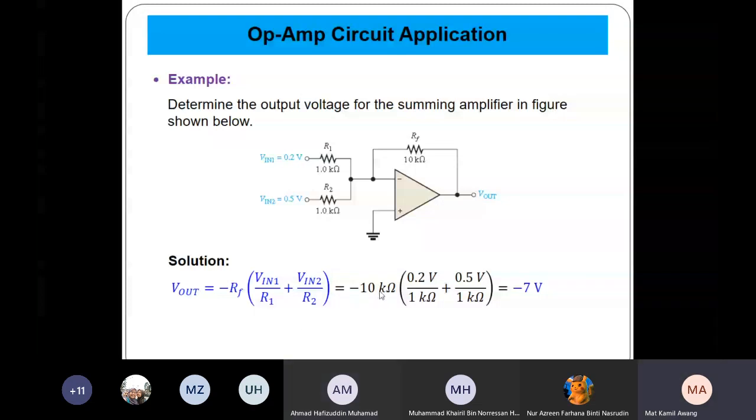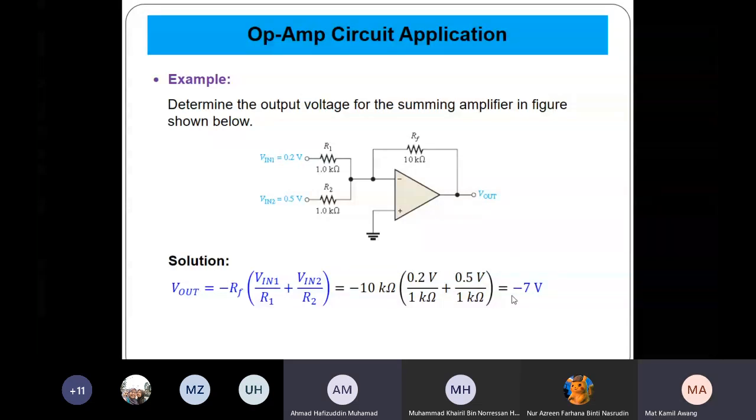It is 10 kilo ohms. What is Vin1? It is 0.2 volt. What is R1? It is 1 kilo ohm. What is Vin2? It is 0.5 volt. What is R2? It is 1 kilo ohm. So you substitute the value and you calculate. So the output is actually minus 7 volts.